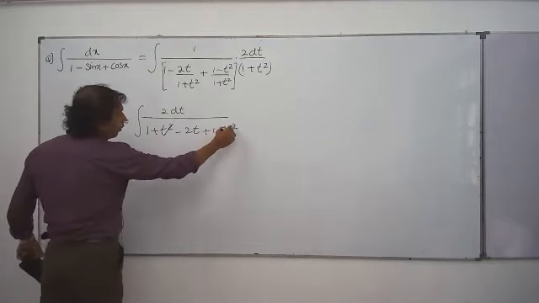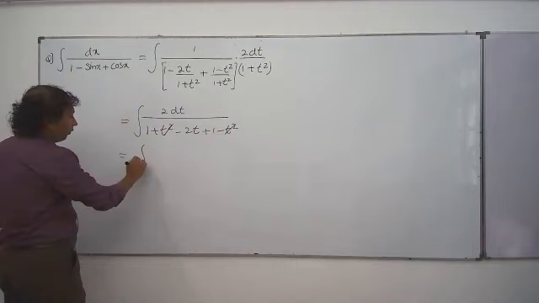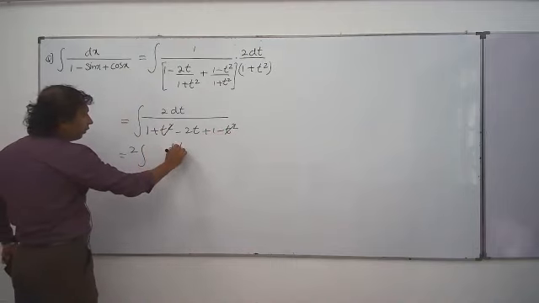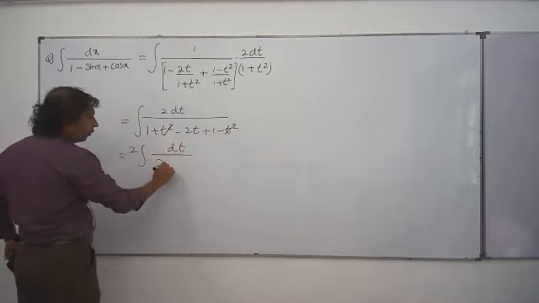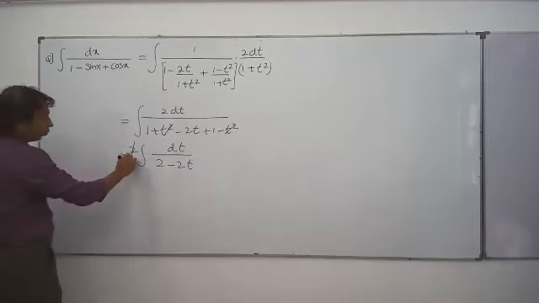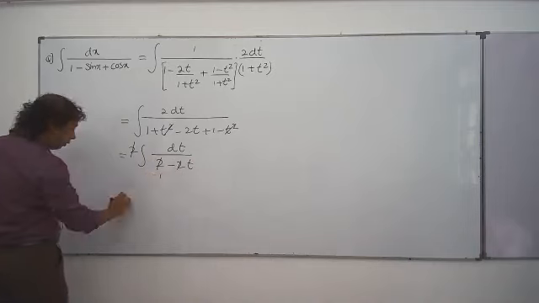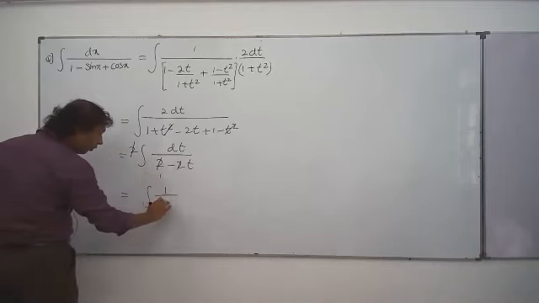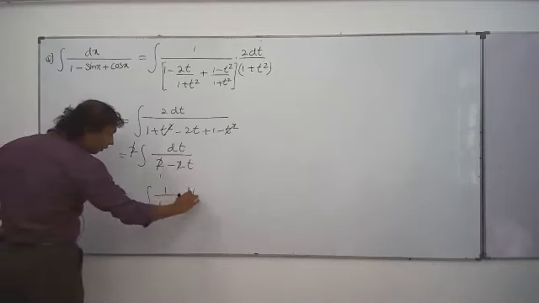This and this you can cancel down. 2 can be taken out, dt upon 2 minus 2t. This 2 you can cancel down. 1 over 1 minus t dt.